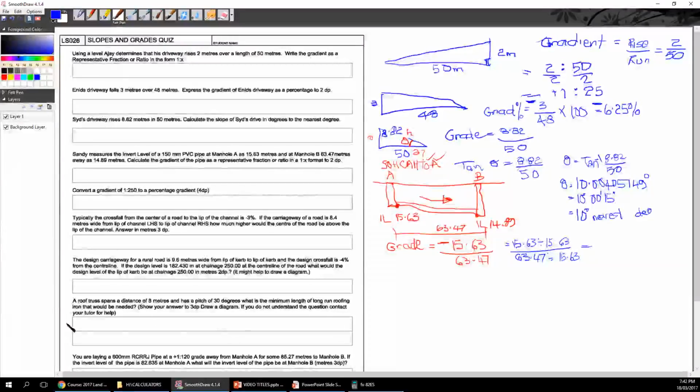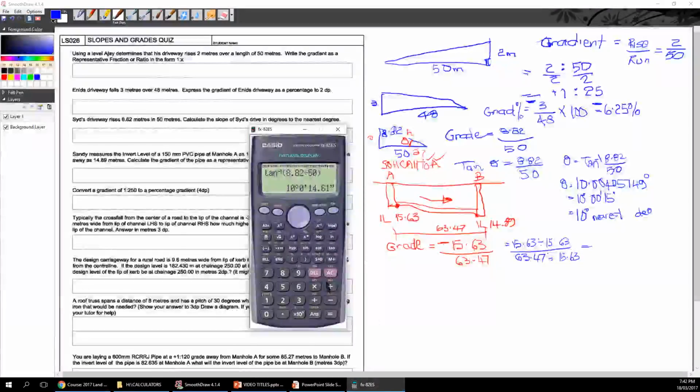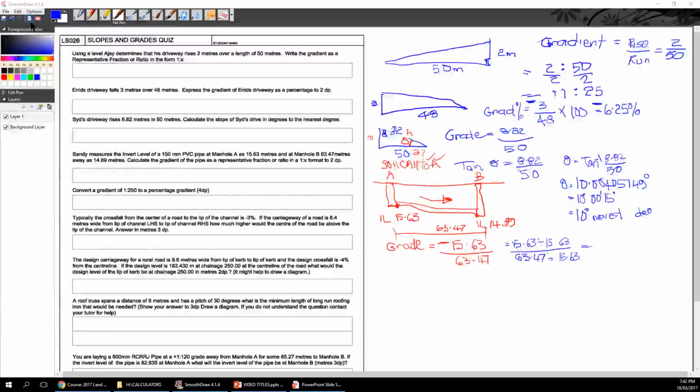And that equals, okay, let's get the calculator out. So here's our calculator here. My error, my total, I've stuffed that up. I'll just go back and fix that up. So I'm just going to undo that. What I forgot to do is take off the little bit.